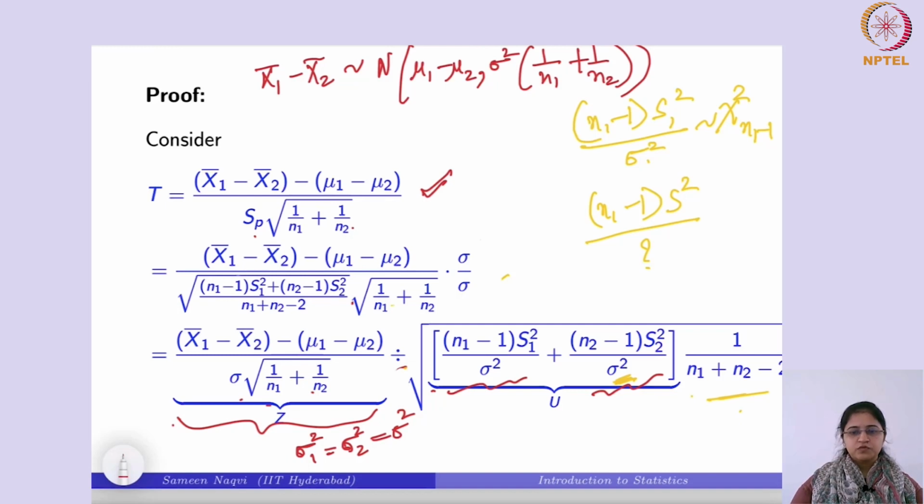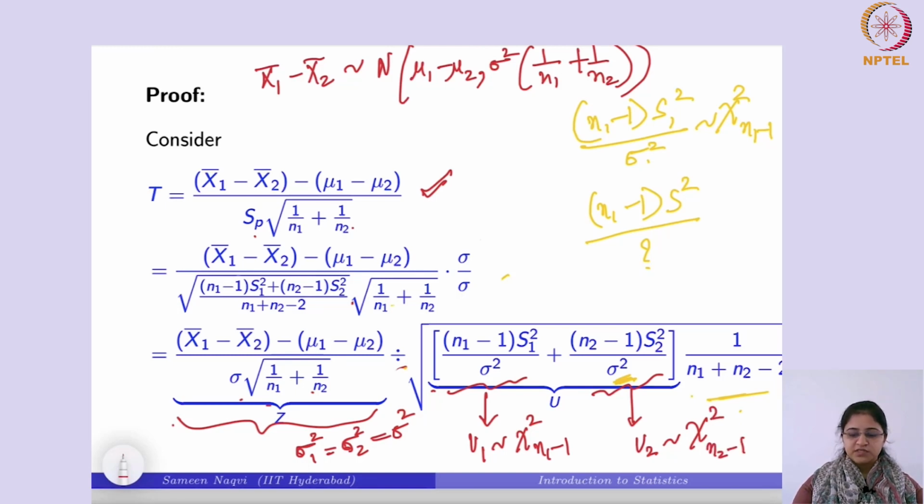Suppose this is u1, this one would follow chi-square with n1 minus 1 degrees of freedom, and if this is u2, this would follow chi-square with n2 minus 1 degrees of freedom.